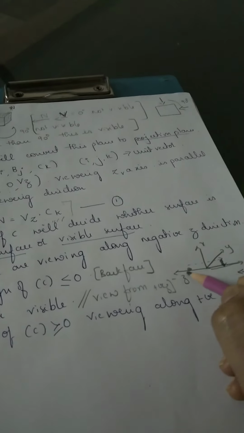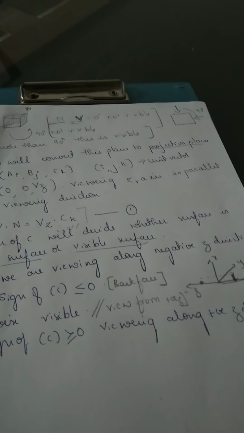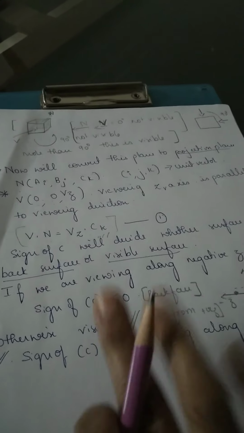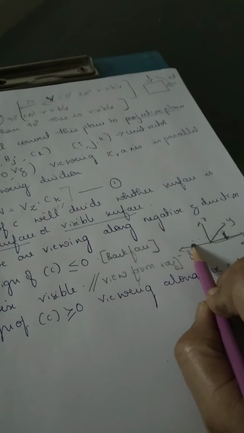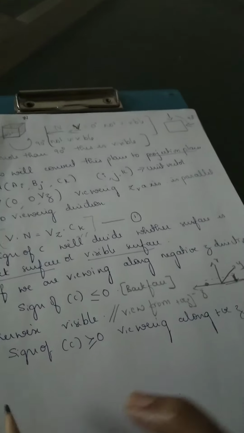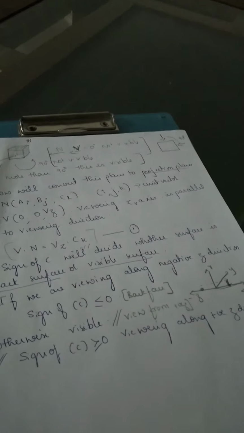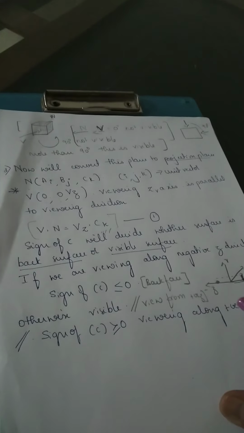If I view along the negative direction, the sign of C is negative, that is, less than or equal to 0. That means it is a back face, otherwise it is visible. Vice versa, if I am viewing from the negative direction and my object is in the z direction, then the sign of C, which is greater than or equal to 0, is again invisible. This is the vice versa condition. This is just the backface algorithm.